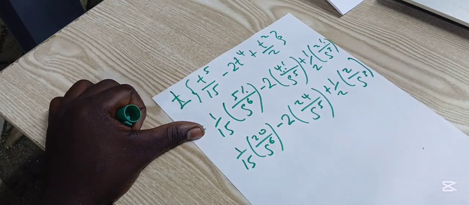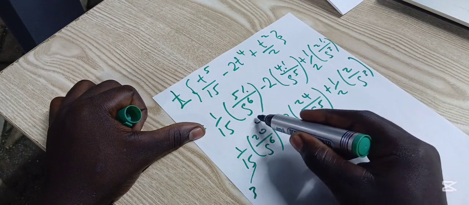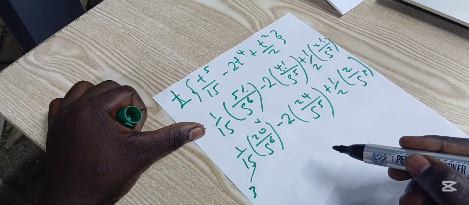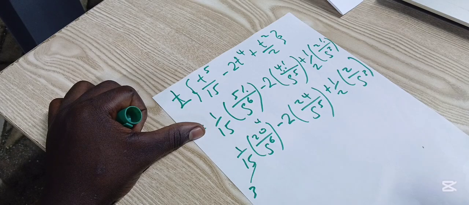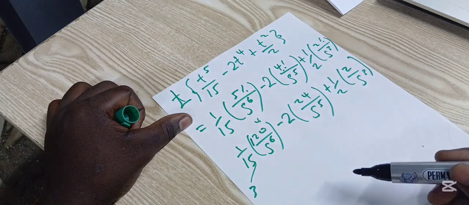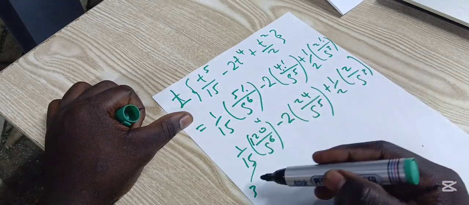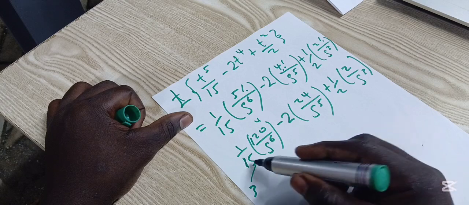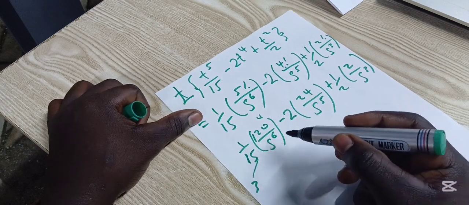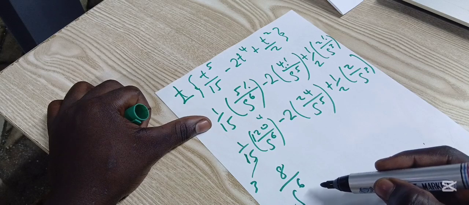Sorry, 5 factorial should give us 120. So 120 out of 15. If we cross cancel this, we're going to get 8 out of s to the power 6.